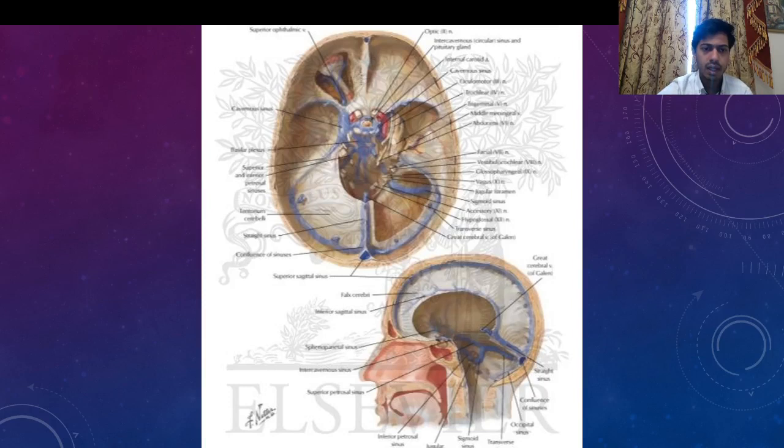The veins of the CNS drain blood from the cerebrum, the cerebellum, the brainstem, and the spinal cord, and after emptying into various sinuses that we can see in these figures here, they will flow into the internal jugular vein via the jugular foramen, and be returned to the heart.